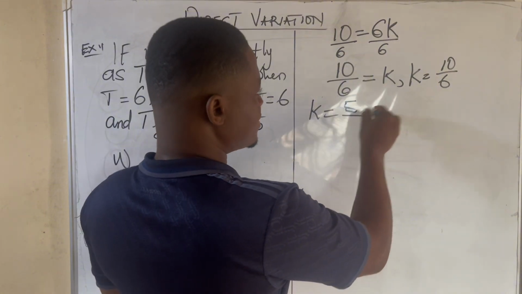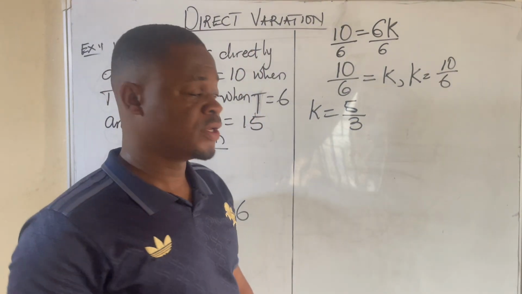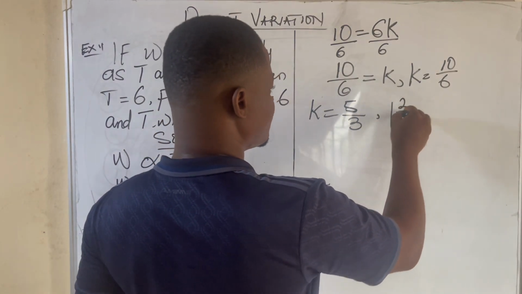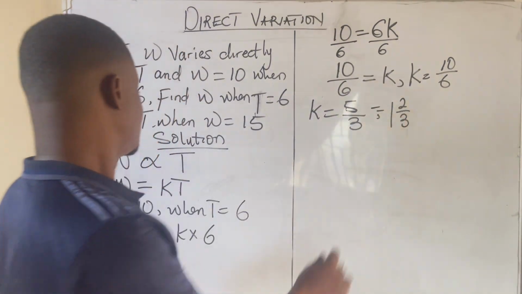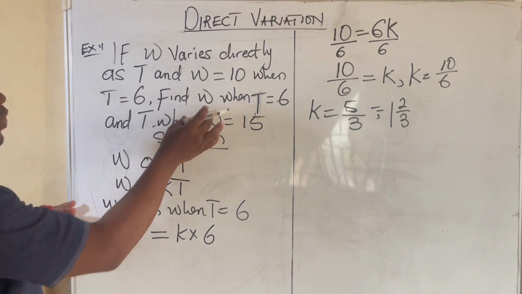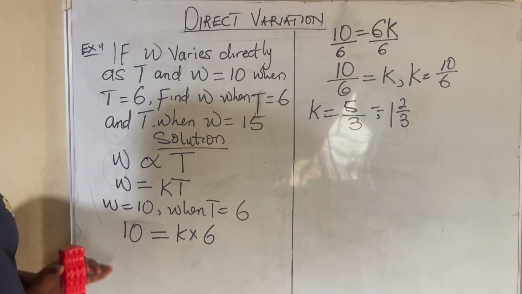And if 2 divides 6, we have 3. So we have that K is equal to 5 over 3. We can equally write this as 1 whole number 2 over 3. So with this, the value of K is 5 over 3. We can now solve for W when T is equal to 6.